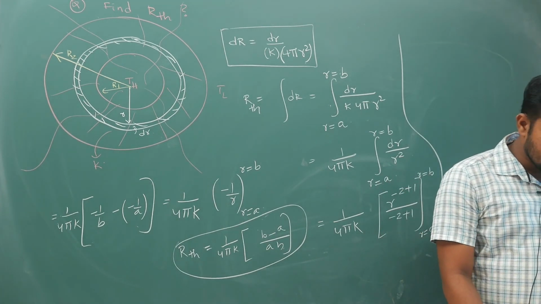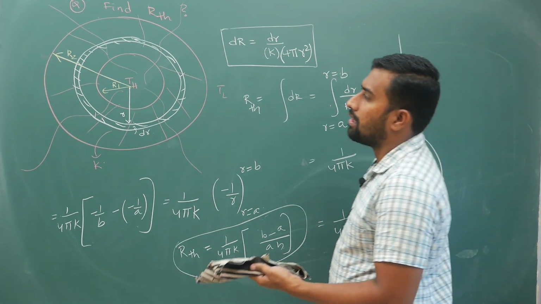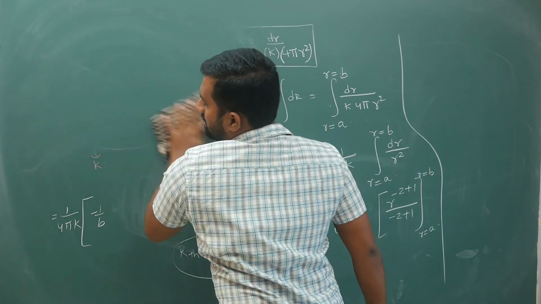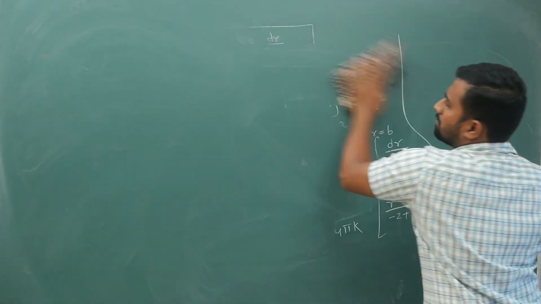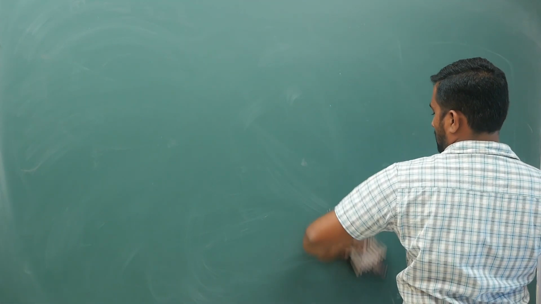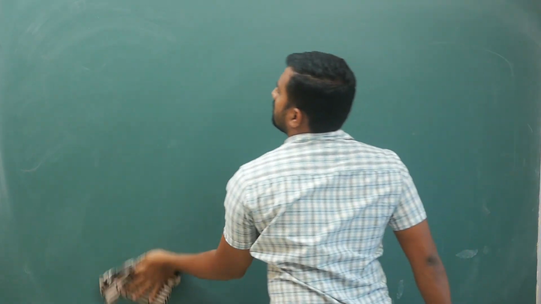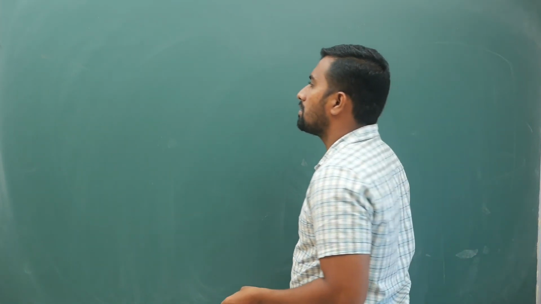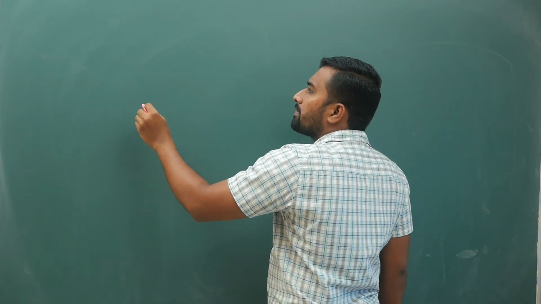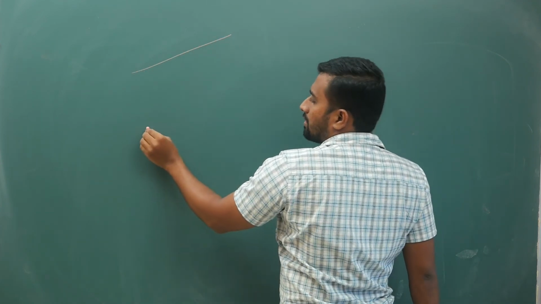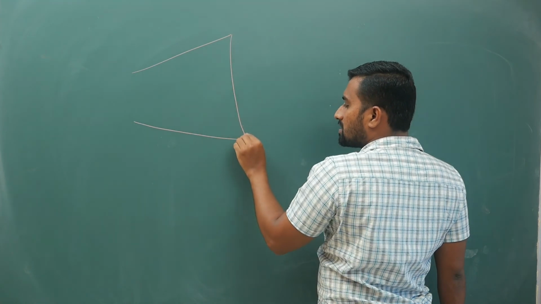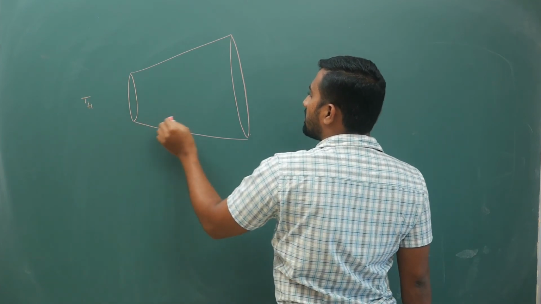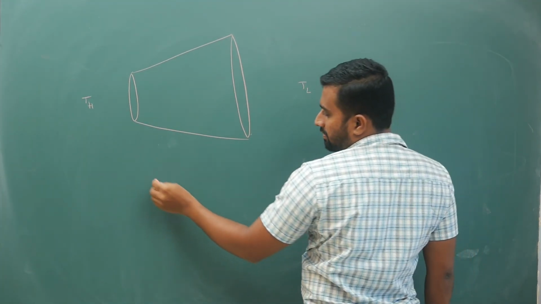Now with this example, for the spherical thing we have calculated this resistance. Your next thing is, let us say you have a truncated cone, and at this end we are applying high temperature, at this end we are applying lower temperature.